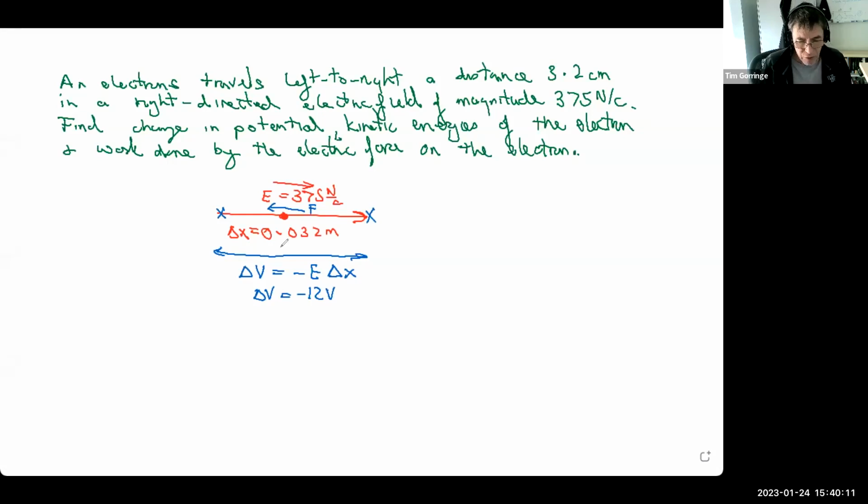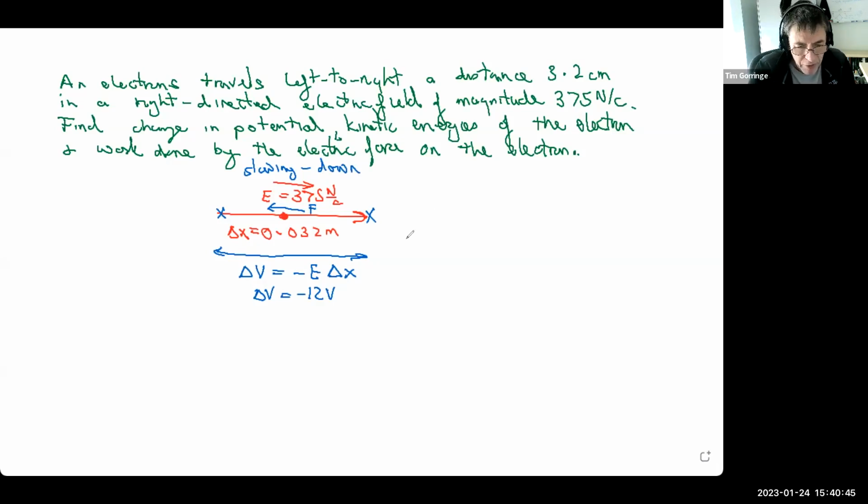So here's a case where the electron is traveling left to right. It's experiencing a force right to left. So it's like being braked by the electrical force due to the electrical field. It's being slowed down by the electrical force due to the electrical field. So just so we're aware, the electron is slowing down as it travels left to right.